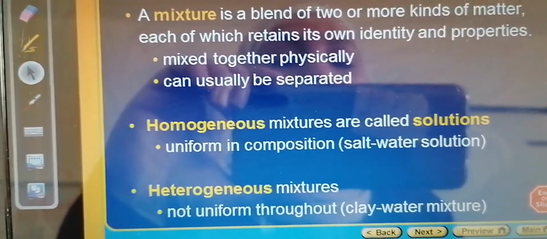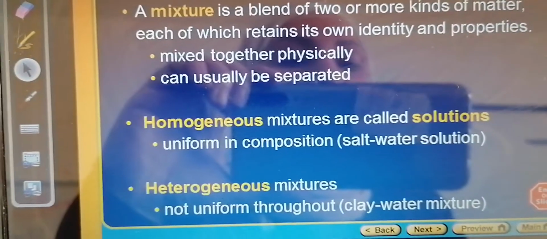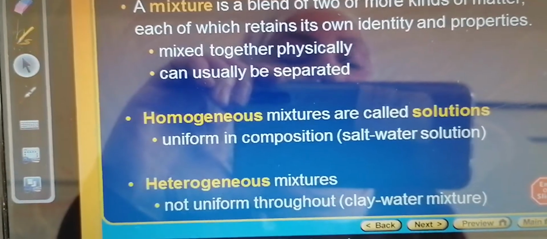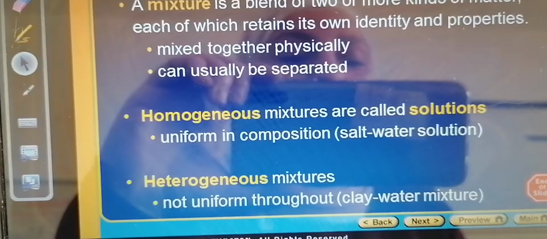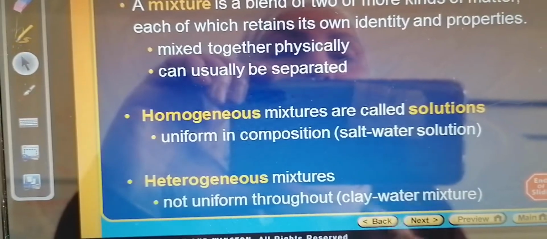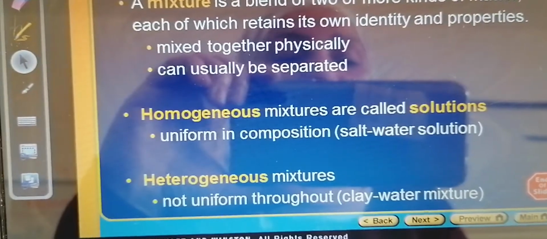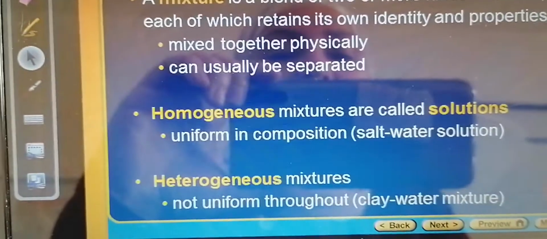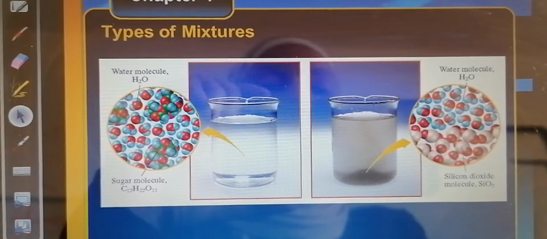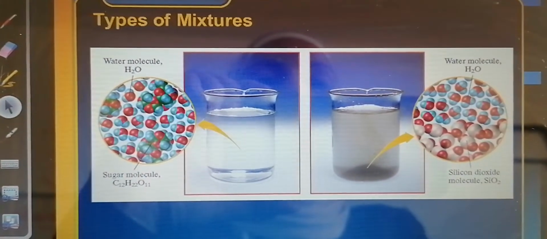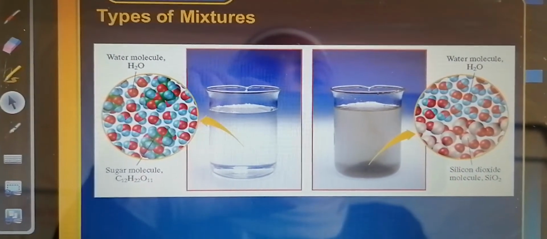Heterogeneous mixtures are not uniform throughout, like clay and water. If I mix dirt or soil with water, okay, it's not going to be homogeneous. We call that heterogeneous. Here you have examples of mixtures.